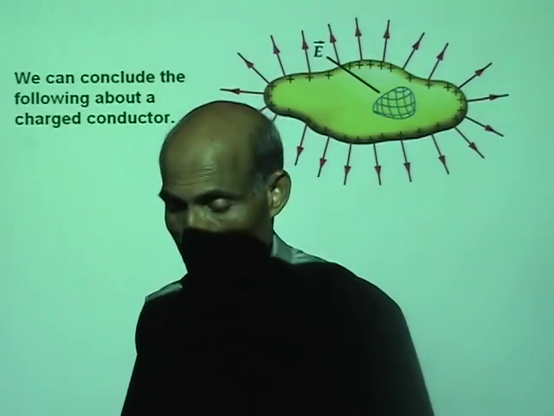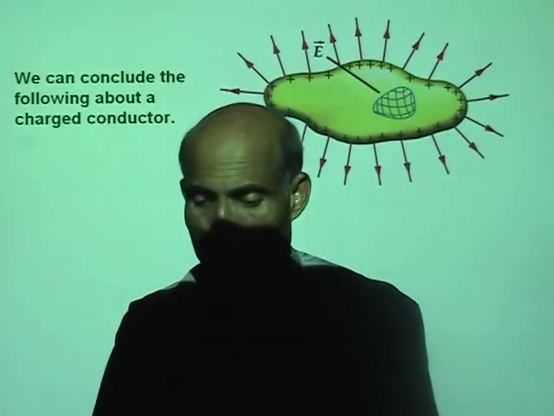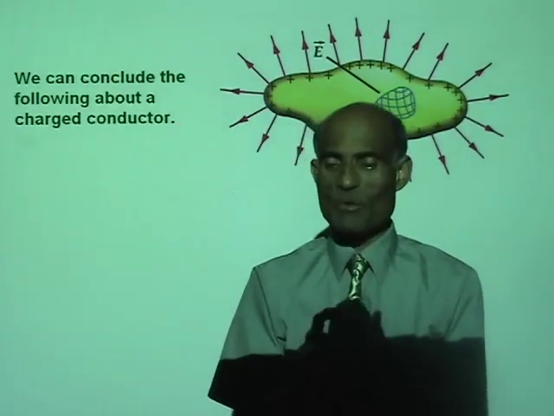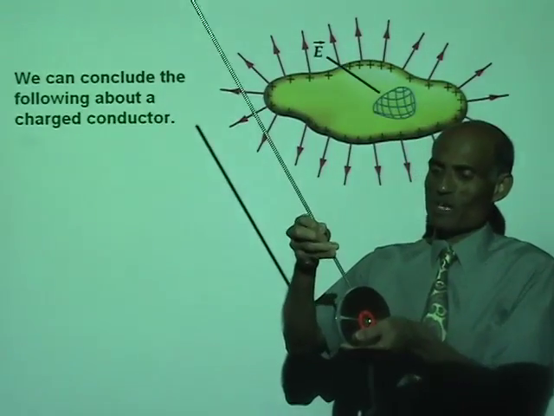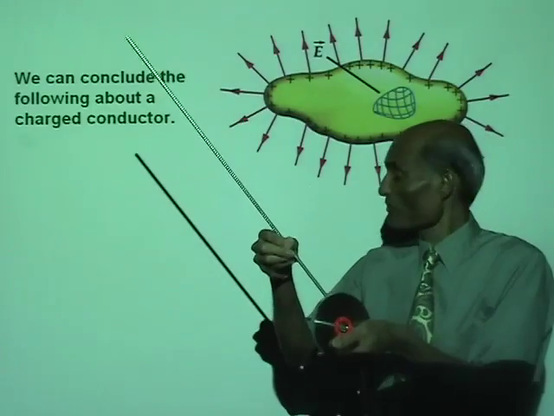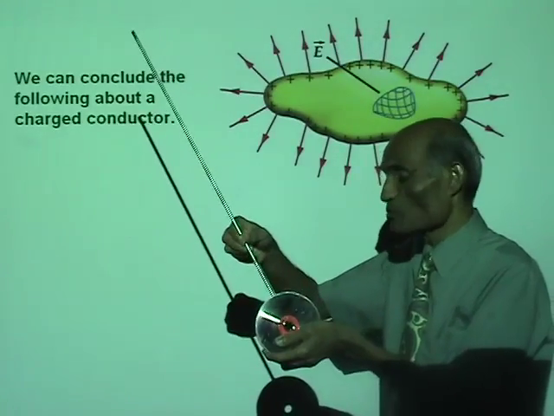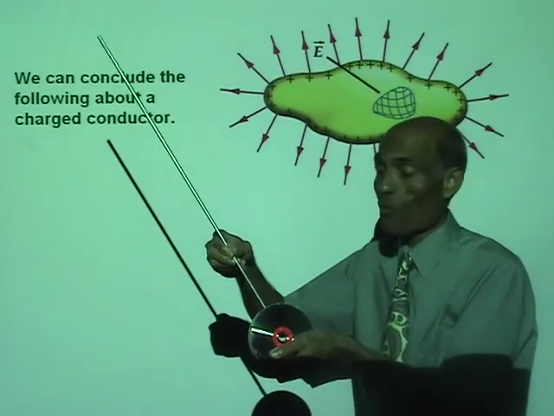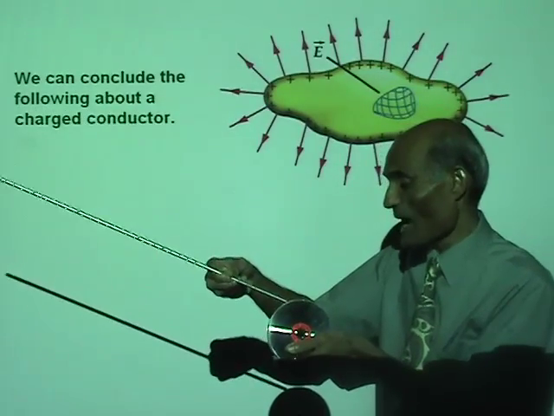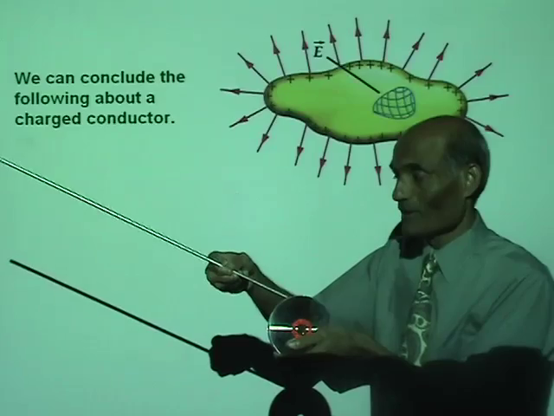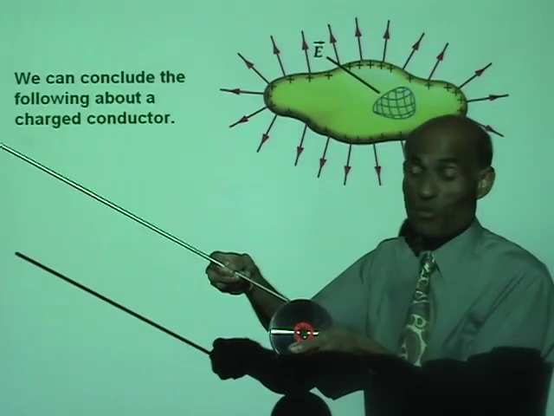You see, let me take my disc again. Now, what is the direction of the electric field on the surface of the conductor? The direction of the electric field has to be at right angles to the surface. Why? Because if the field is, say, at an angle like this, electric field is a vector quantity.